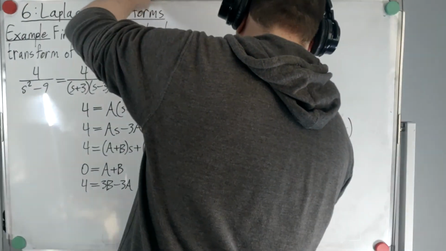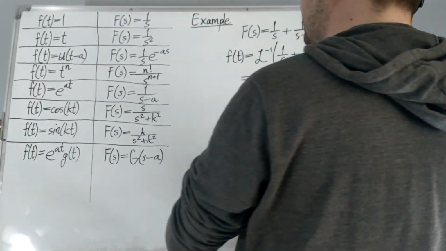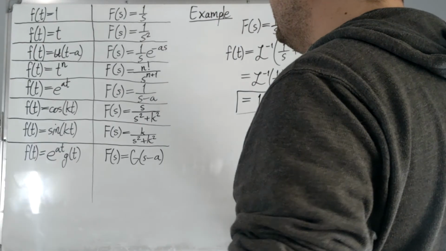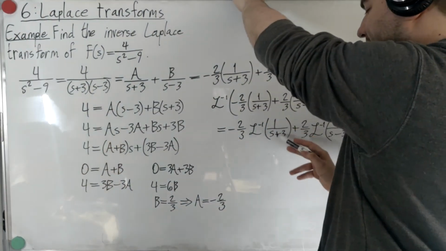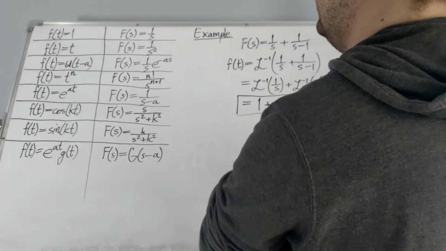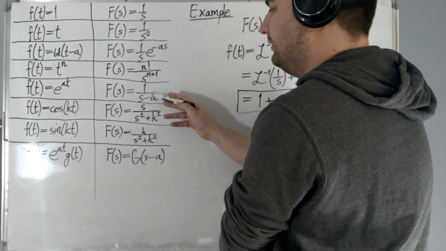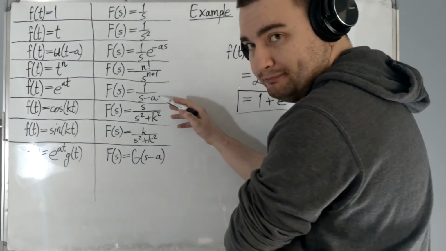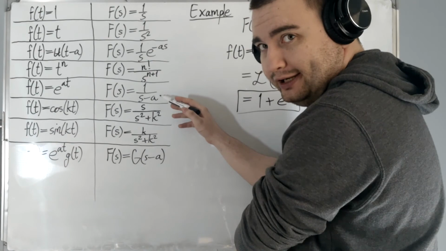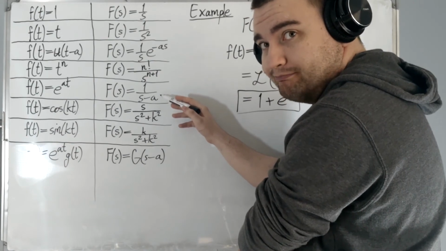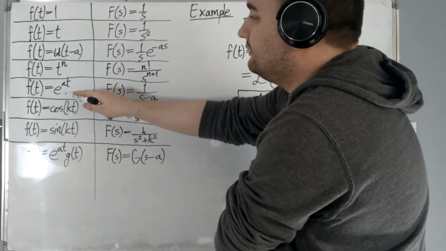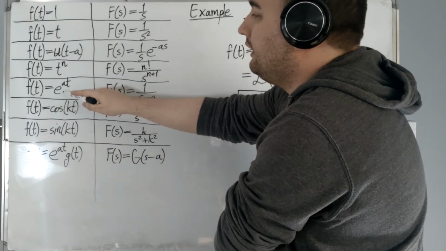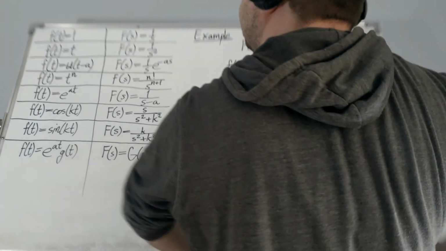So, the only thing we have on this table that looks like 1 over s plus 3 is right here, 1 over s minus a. So in this case, a is negative 3. So the inverse Laplace transform is going to be e to the negative 3t.